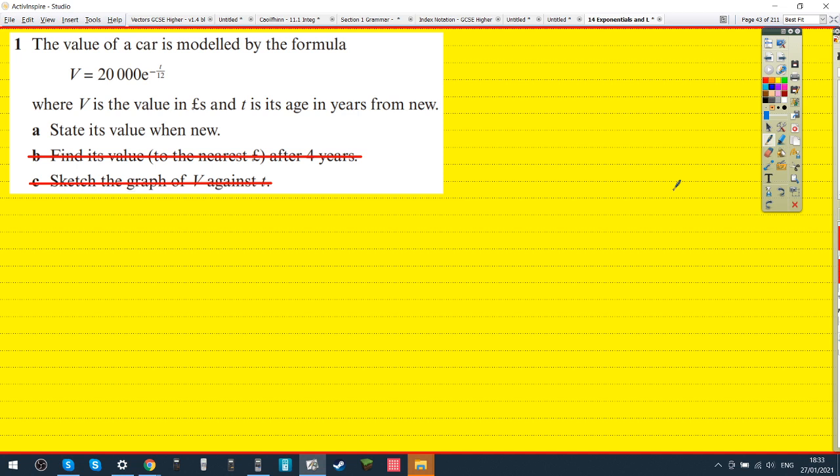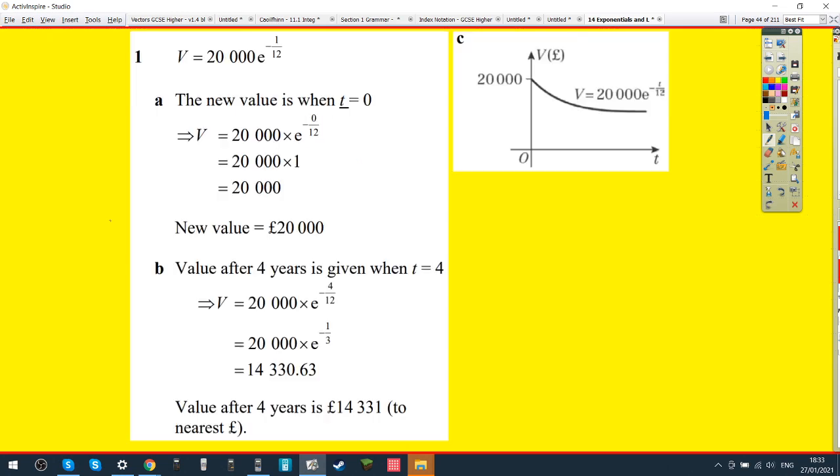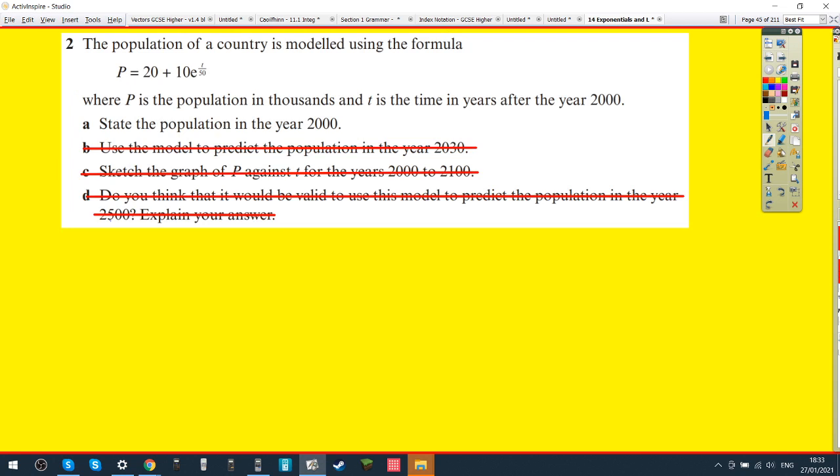When it's new, the time isn't 1, that would be after 1 year. So 0 is when it would be new. When it's new, time is 0. It's 20,000. Correct. So it's putting it into real world context.